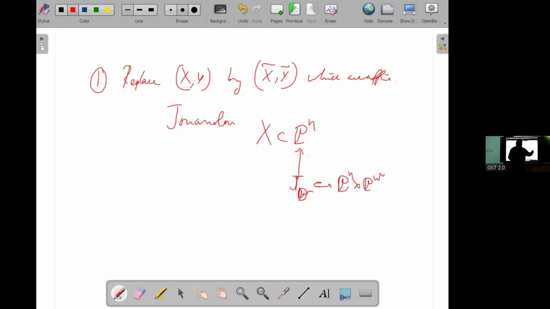P^n dual is the collection of all hyperplanes, and this is the complement of the incidence locus. So you look at points P in P^n and a hyperplane H such that P does not belong to H.